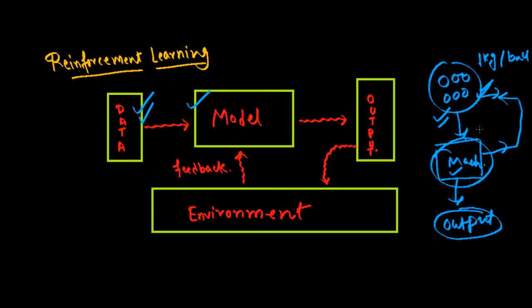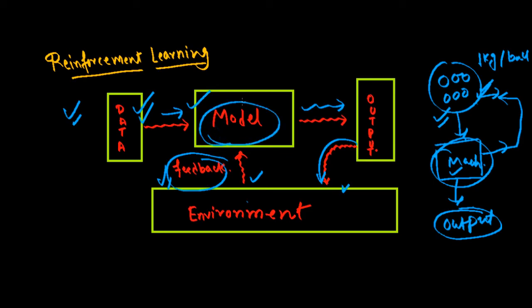Basically, in machine learning we give data to the model, it produces the output, and the output influences the environment. In reinforcement learning, feedback is given from the environment itself to the model, so that the model can change itself to perform better in predicting the outputs. So this is a very vague definition.